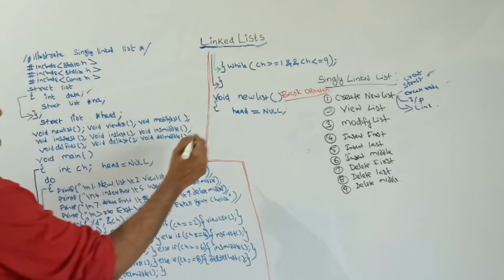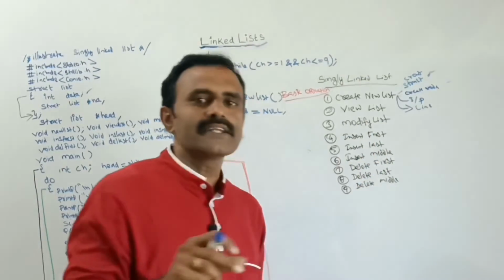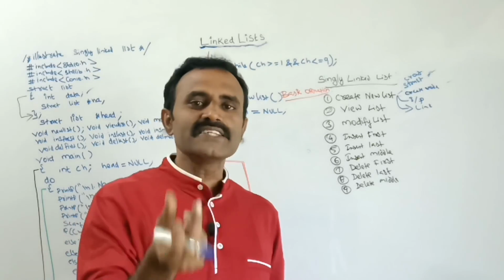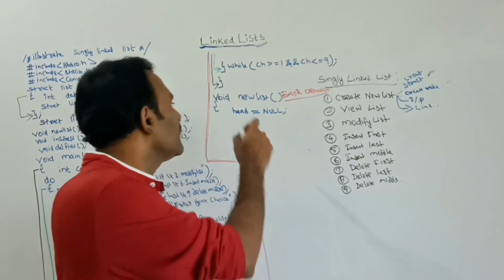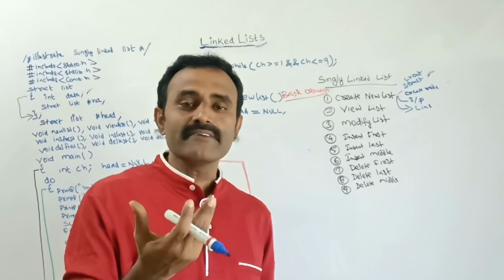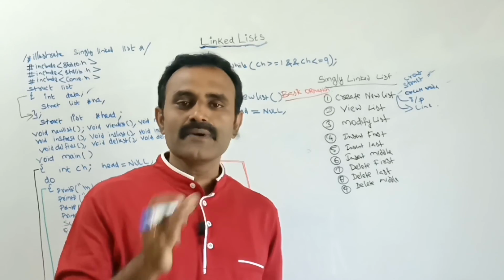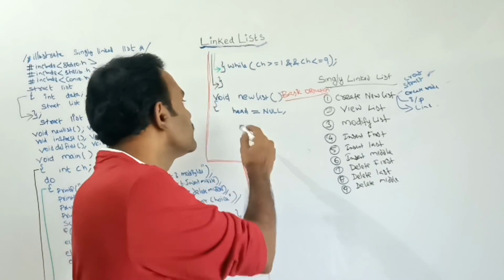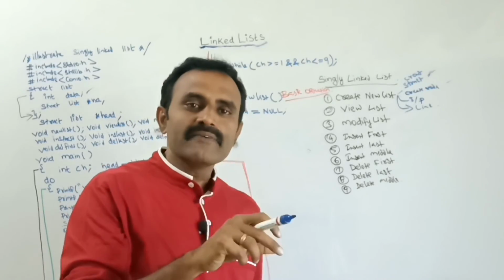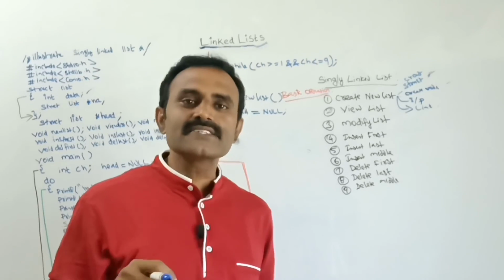Next I am creating a structure variable. Here I need to fetch the address, that is, for fetching the starting address I am using this pointer variable head. What is a pointer variable? Always it is used to fetch the address of another variable or another node. By using this head pointer variable, I am fetching the starting position address of a node.